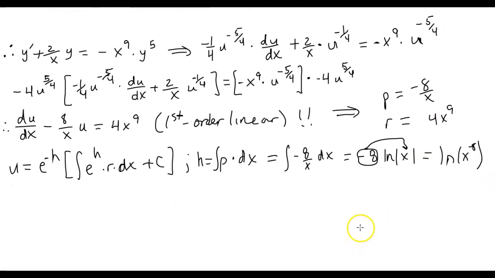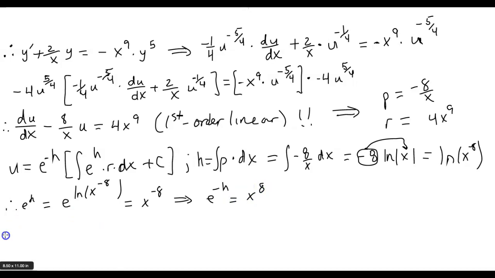All right, so now that we have that, then of course that means e raised to the h is going to be e raised to the natural log of x raised to the negative 8, which is just x raised to the negative 8. And e raised to the minus h will just be x raised to the positive 8.